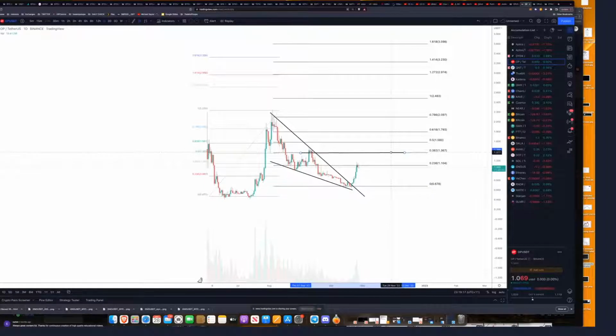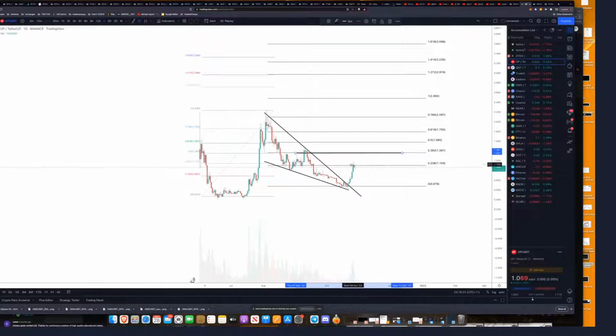It might get up to this level as a first target. We're still in our accumulation. So if the market's bearish, this is all it's going to go, and come back down and have some accumulation before it goes up. Might go there, it might continue on. We can't really say until we see it break certain levels.